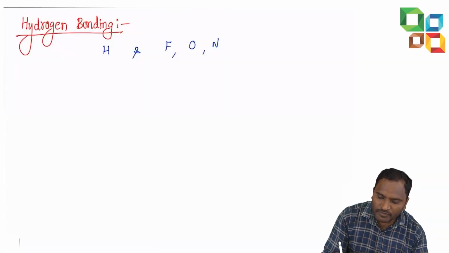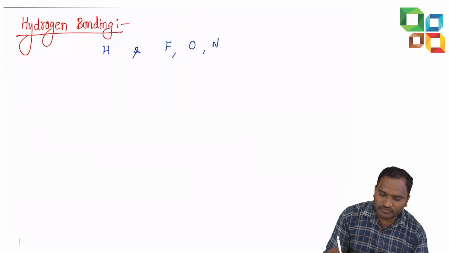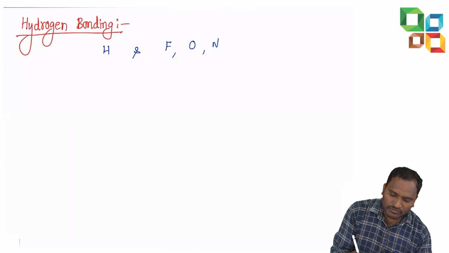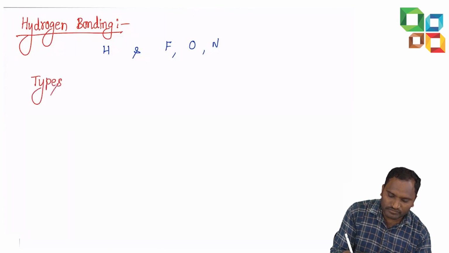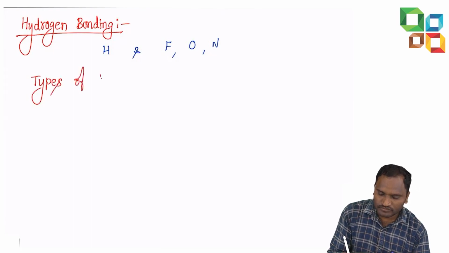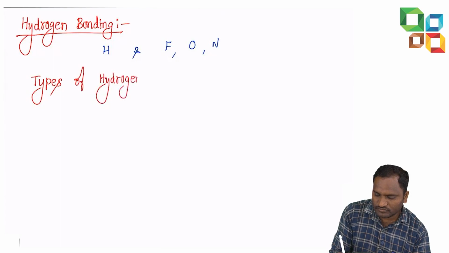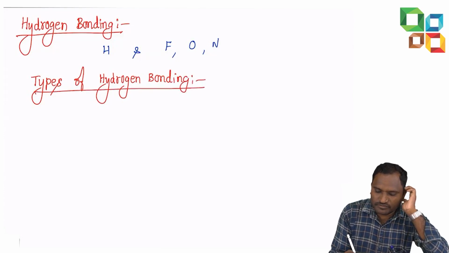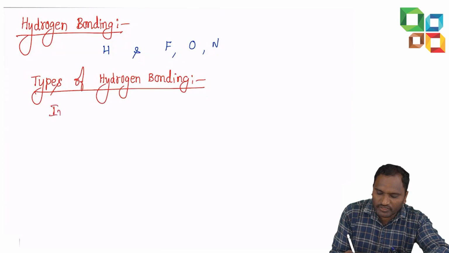Here two types of hydrogen bonding are there. One is intermolecular hydrogen bonding.